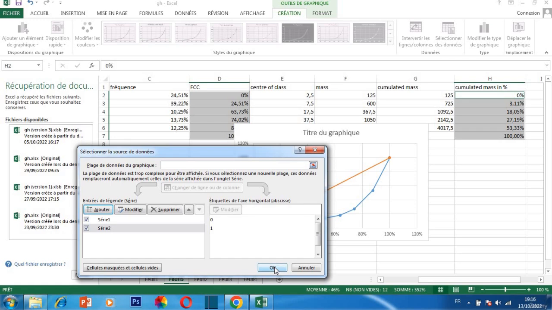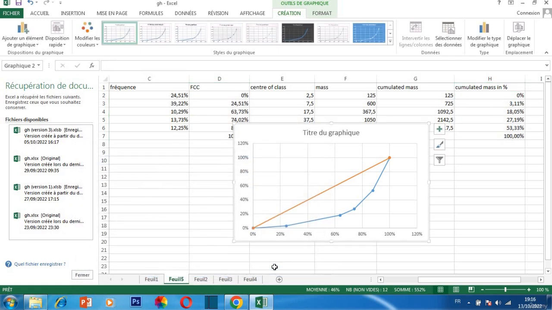That's it, 0 1 and 0 1 for the two axes. So now we have the Lorenz curve here.